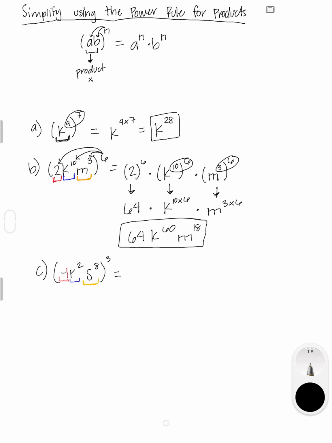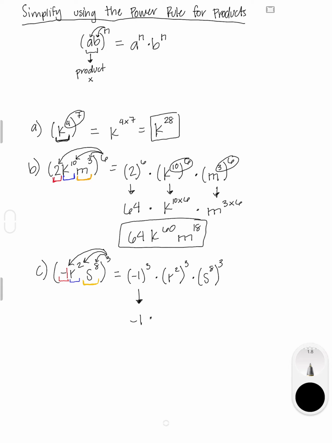And then 3 will be distributed, right? To negative 1, to r to the 2nd power, and then to s to the 8th power. So I'm going to have negative 1 to the 3rd power times r squared to the 3rd power times s^8 to the 3rd power. Now we know that negative 1 to the 3rd power is negative 1 times negative 1 times negative 1, which is going to give us negative 1.